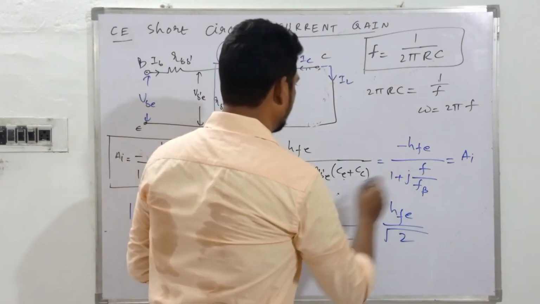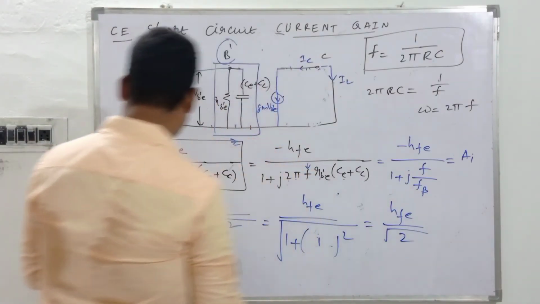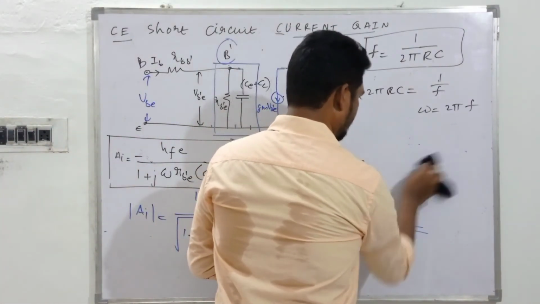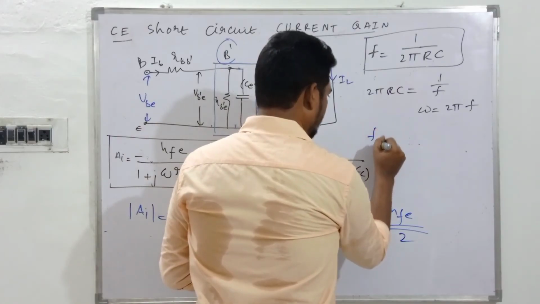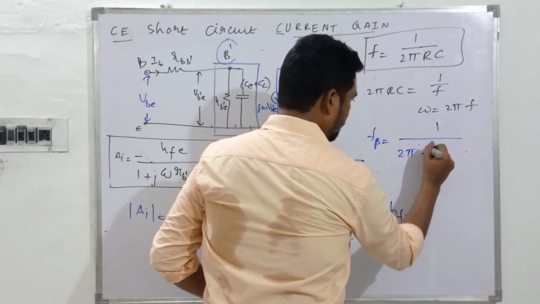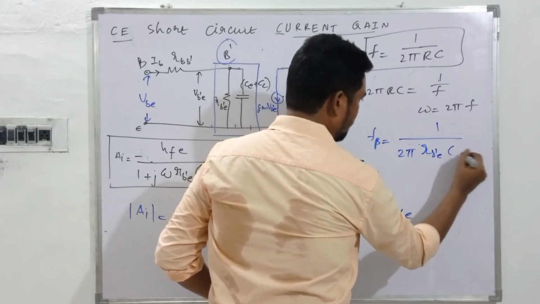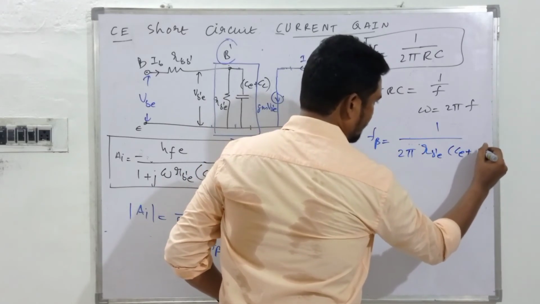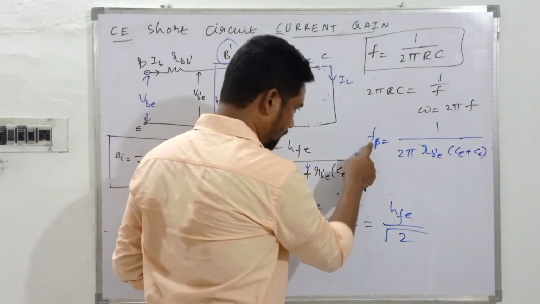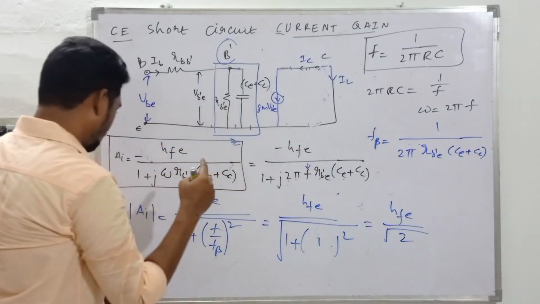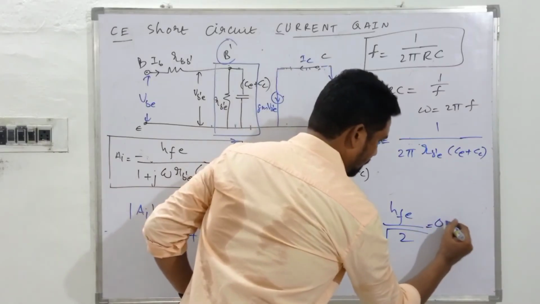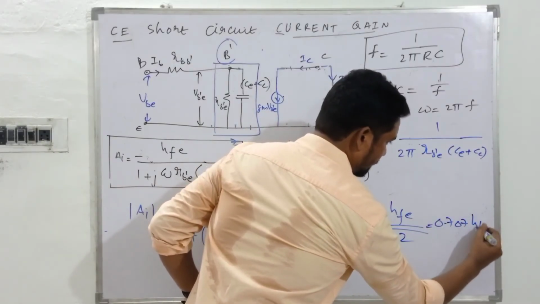F beta, what is that f beta? Guys, the expression for f beta, what was that? 1 by 2 pi r b dash e into c e plus c c, isn't it? So this value of this frequency is the frequency at which the gain is reduced to 1 by root 2 times, or else 0.707 HFE times.